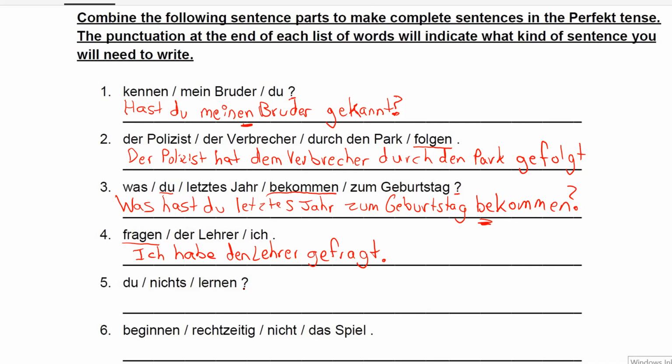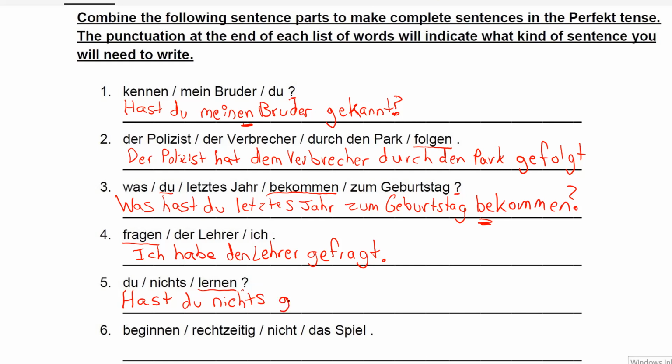Next up, we have another question, this time also with the verb lernen. Lernen is another transitive verb, so we will again be using haben here. And in this form, we have du, but we have a question, so we have to start with our verb, which is hast, and then our subject, du, then our direct object, which is the reason that we're using haben to begin with, nichts, which while it is a pronoun, it means nothing, and so is acting as our accusative object here.